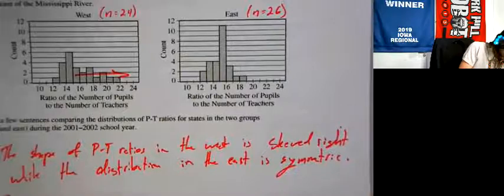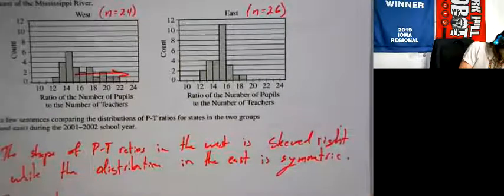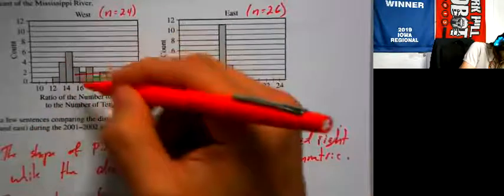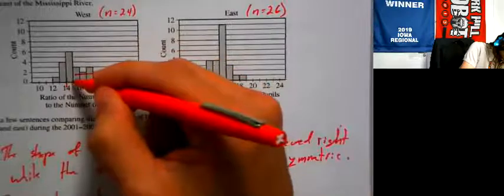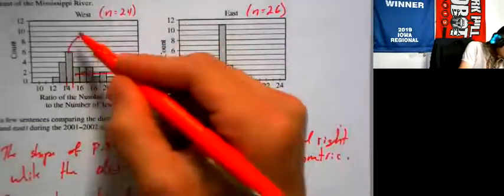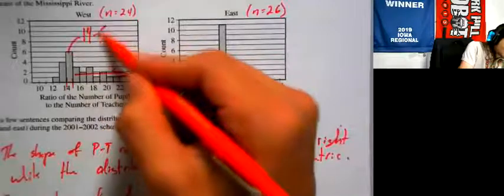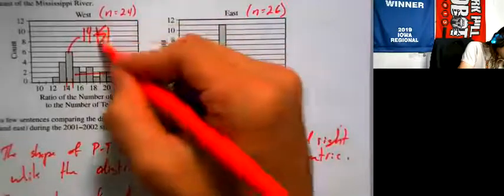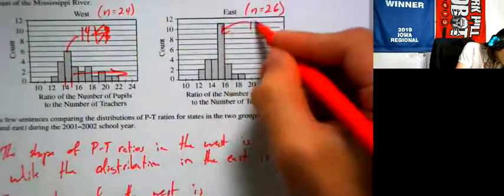The center of the West is, I don't know, what is this bin? That's the 14 to 15 bin. Whoop, not 51, but 15. What's this bin right here? This is the 15 to 16 bin.